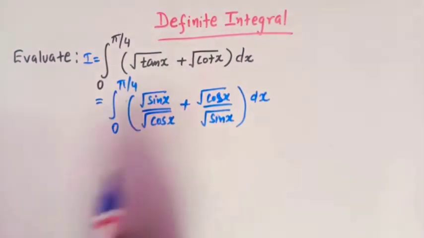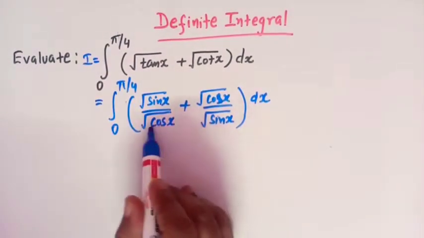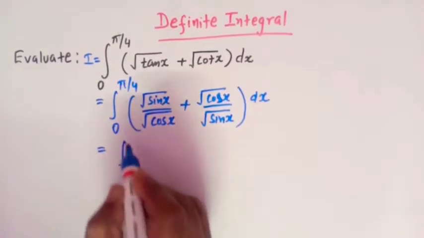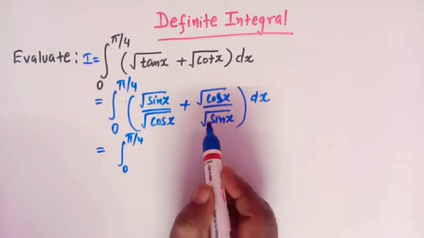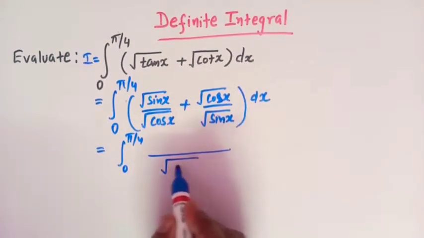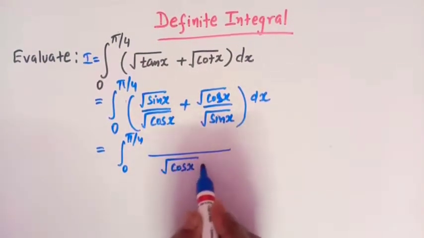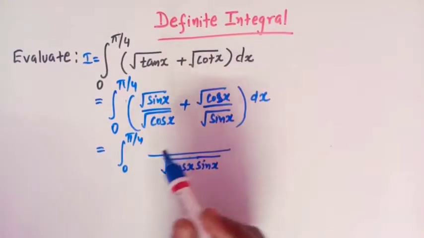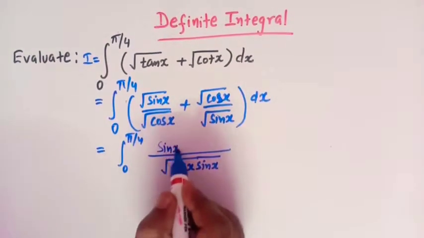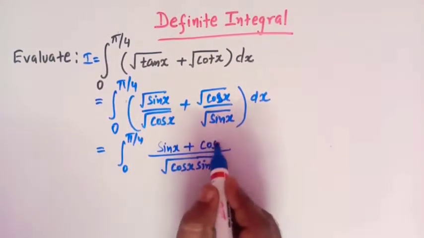Now we can take the LCM, and this integral reduces to the integral from 0 to pi by 4, with square root of cos x sin x in the denominator and sin x plus cos x in the numerator.